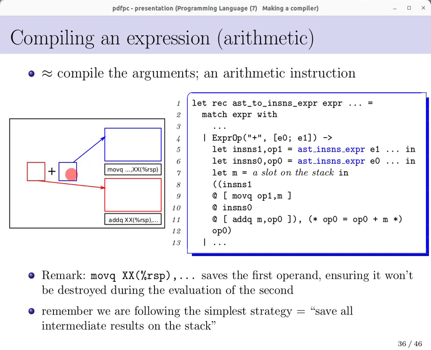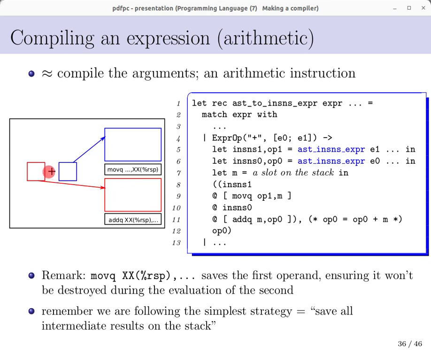So in this case, you first evaluate the second operand. And after you get the result of the second operand, you put the result somewhere so that it is not destroyed during the evaluation of the first expression. So you then go on to evaluating the first expression.